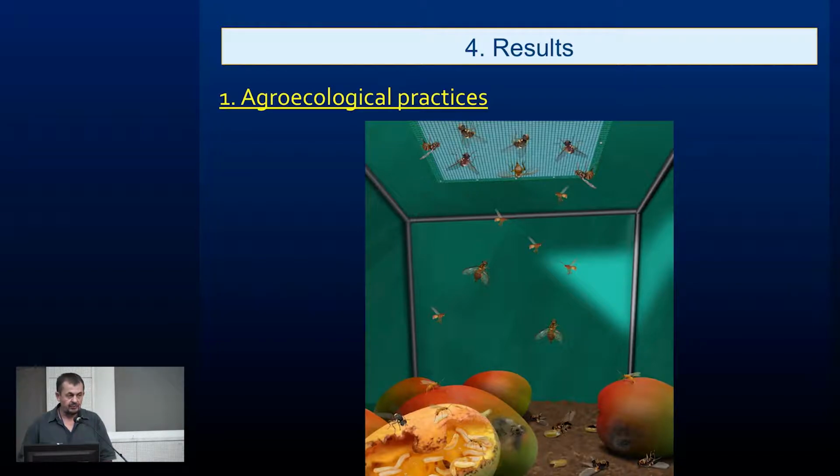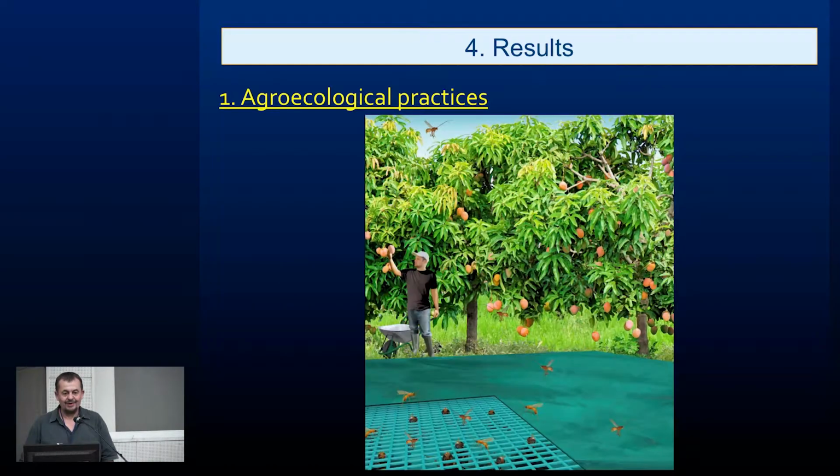In an augmentorium, you have an emergence of a new generation of fruit flies, but also you can see smaller insects that are parasitoids that exist only if you have no pressure of insecticide, of course.